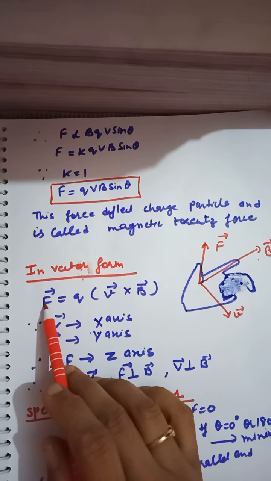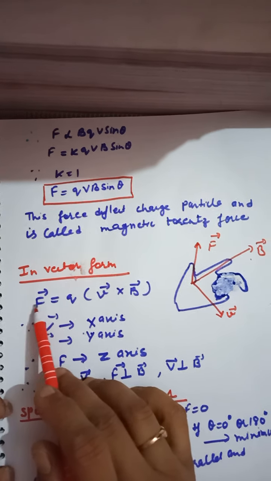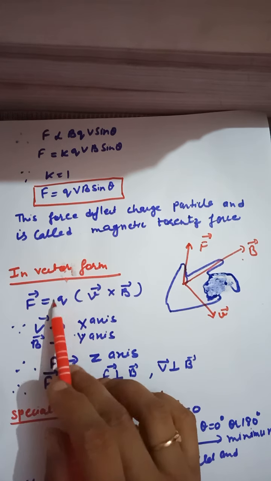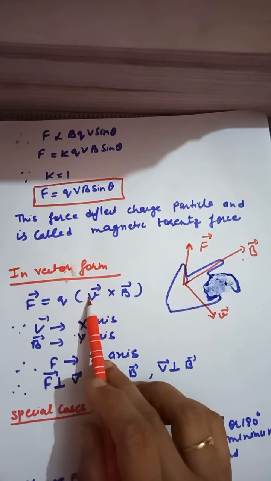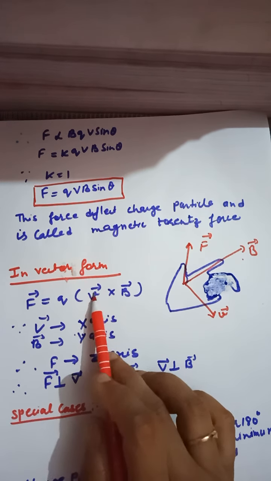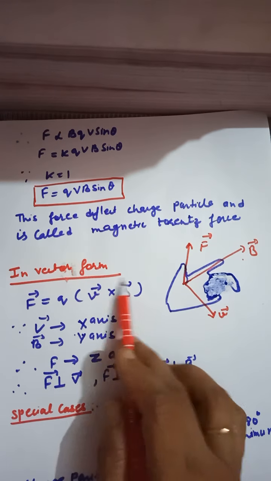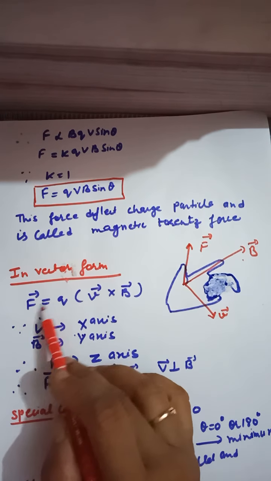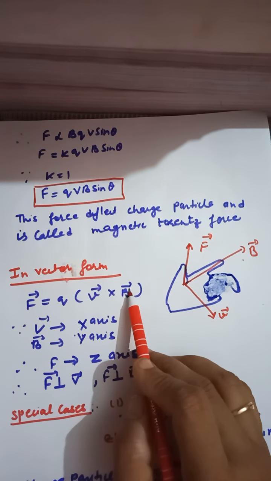In vector form, you write it this way: F vector is equal to q, a scalar quantity, times the v vector cross the B vector. The resultant of v cross B is F, so F should be perpendicular to both the v vector and the B vector.